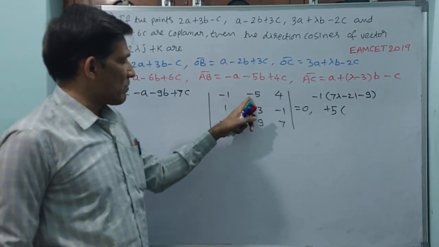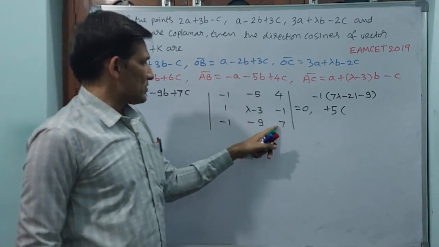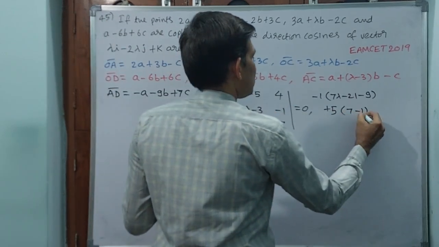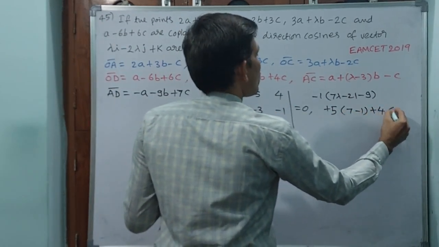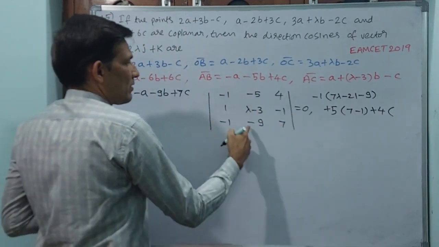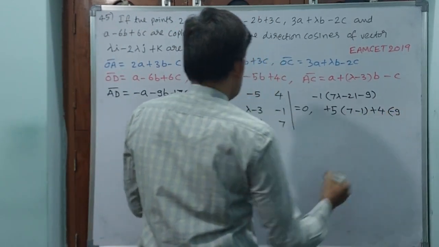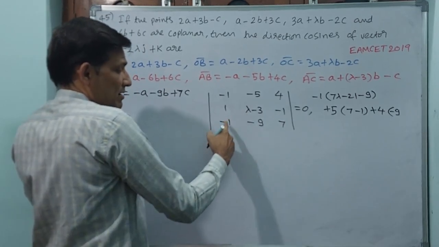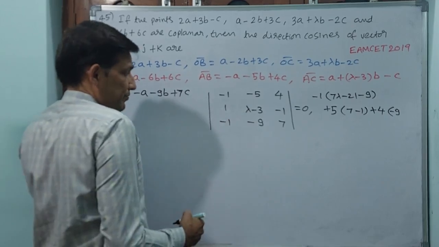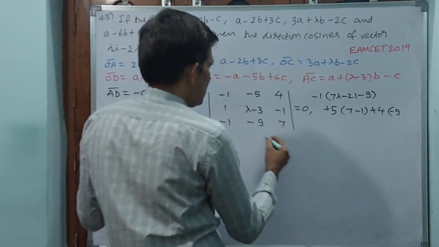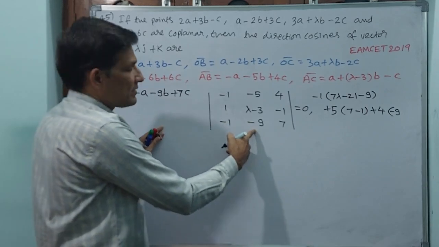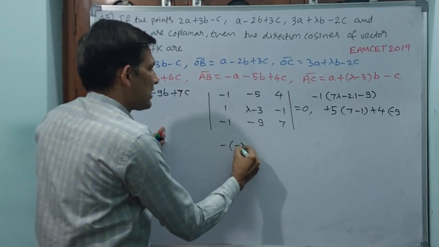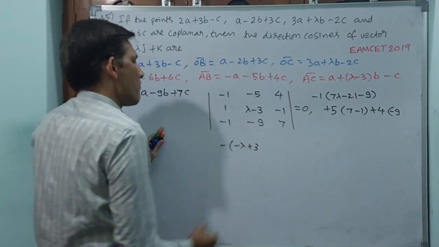Now minus of minus 5 plus 5 into 7 minus 1, plus 4 into minus 9, minus of minus lambda plus 3.